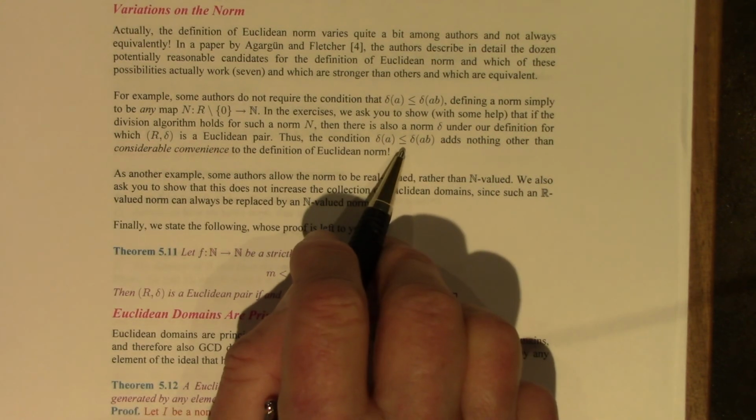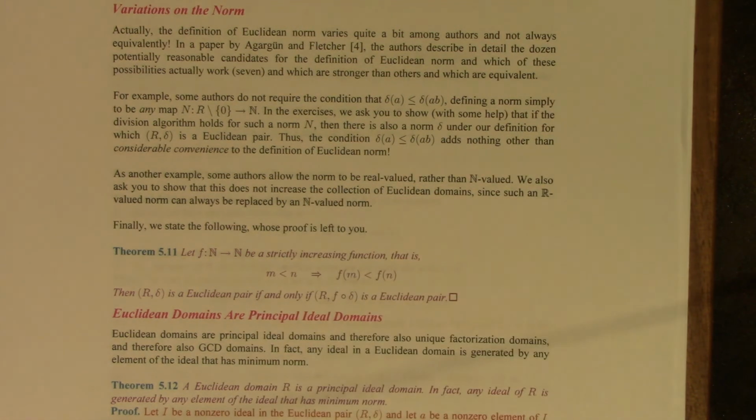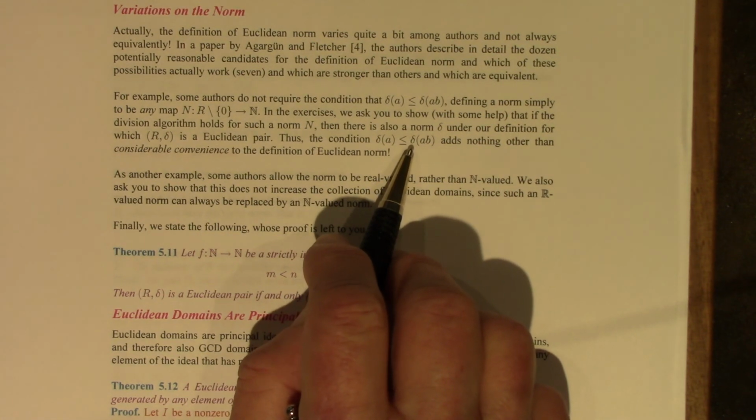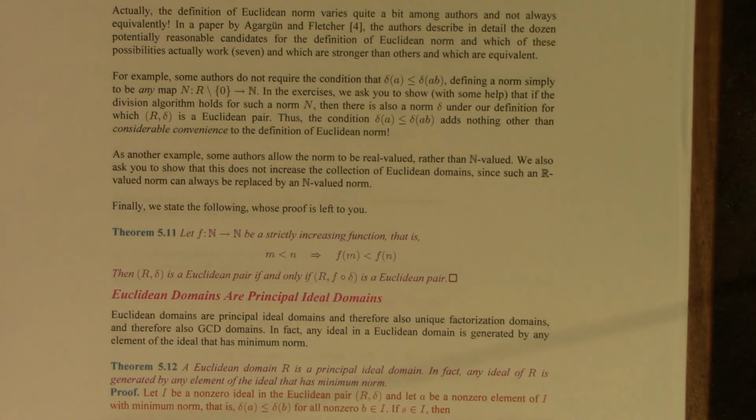So this condition that we include, and many authors include, actually adds nothing other than very considerable convenience to the definition of Euclidean norm. We use this condition quite a lot, and it seems surprising that you actually don't need it, or you don't need to include it in the definition of Euclidean norm.